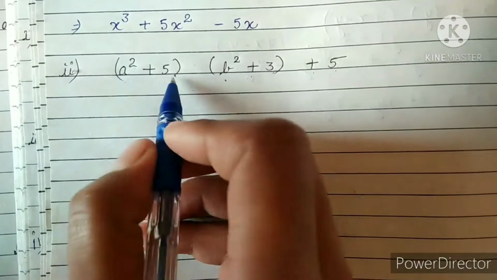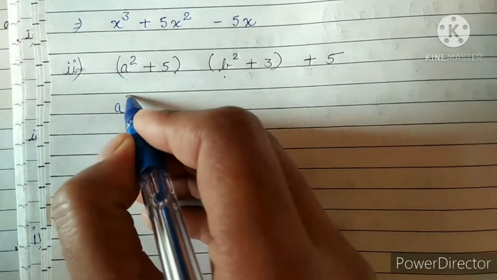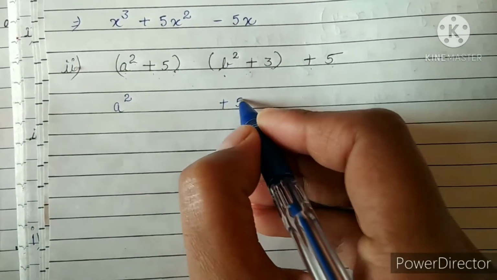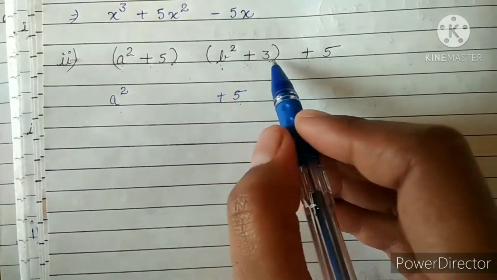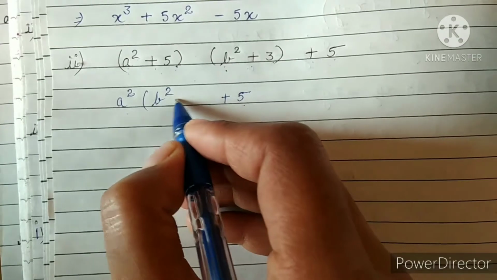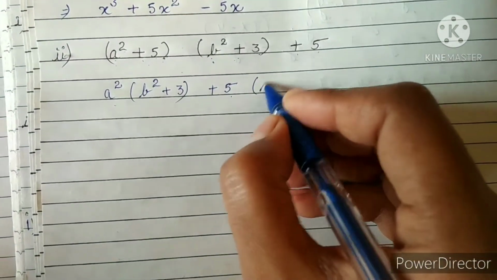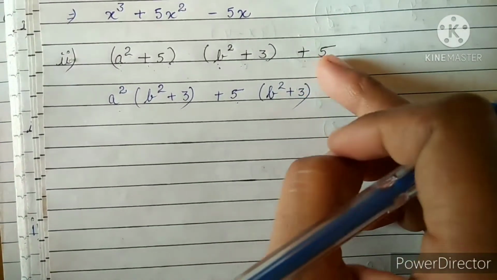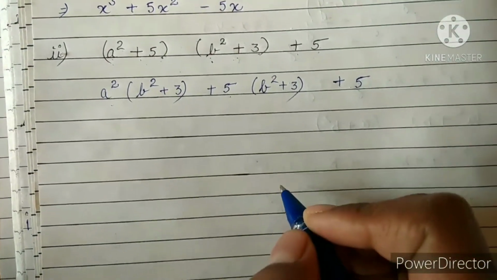Firstly we will distribute each term of the first expression, that is a square and positive 5. Each term is multiplying the second expression, so we will multiply by b square plus 3 and here b square plus 3. Then this positive 5 will come at the end as it is.